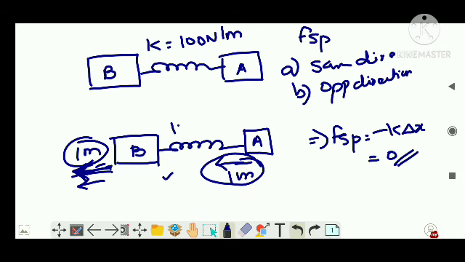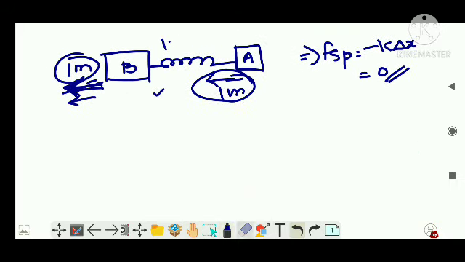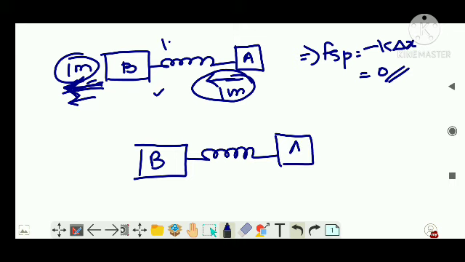Here I am pulling, here I am pushing, so in the case of the spring there is no elongation. Whereas in the other condition, this is B, there is a spring, and there is A. Opposite direction means both are pulled in opposite directions, by 1 meter and 1 meter extension.